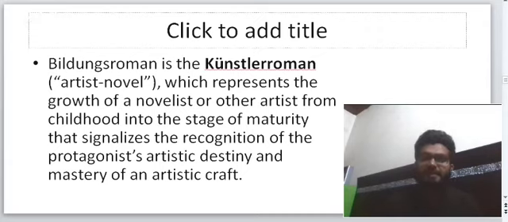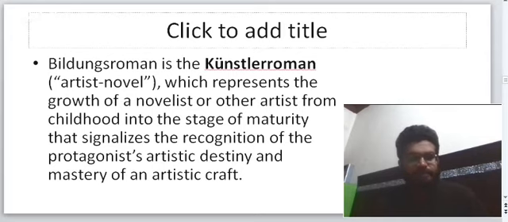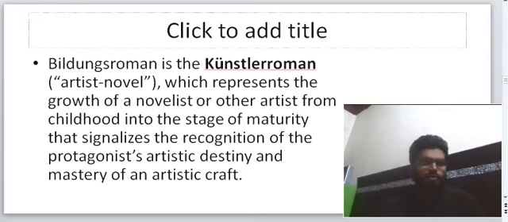So, basically this other type of novel, the Kunstlerroman, is again an extension of Bildungsroman. Bildungsroman is generally about a character's development of mind and character. But on the other hand, Kunstlerroman is artistic development. How a writer, how a poet, how a novelist develops maturity, how he becomes an accomplished writer with the passage of time.